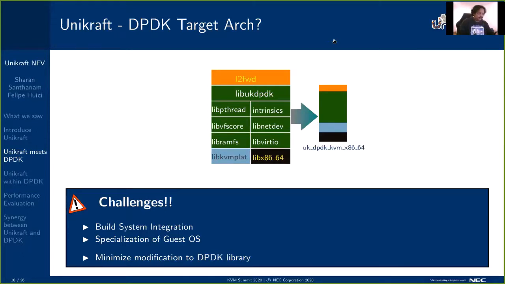We also wanted to find all the possible cases where we can optimize the guest operating system, whereby you can simplify a lot of operations for a DPDK application. And the final constraint, for porting any library, is that we wanted to minimize the changes within the upstream code of DPDK.